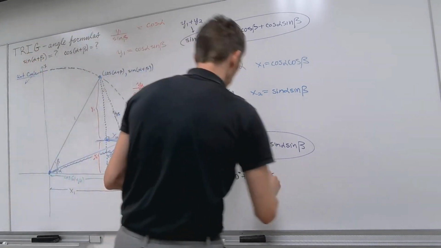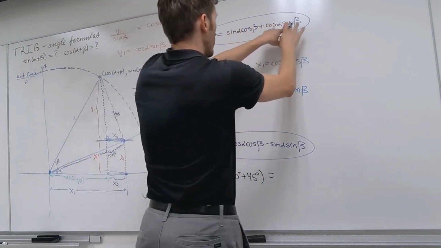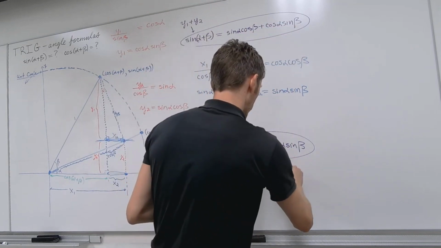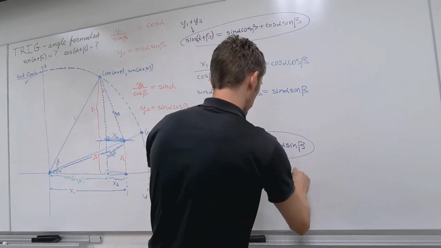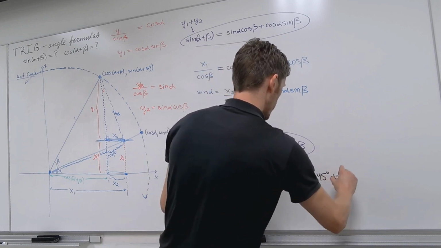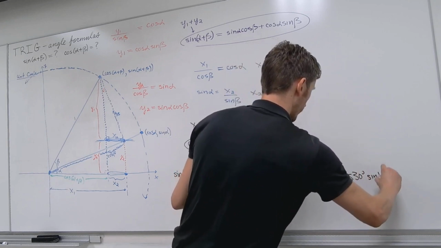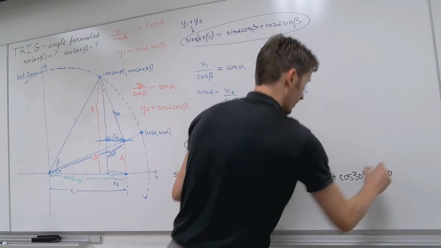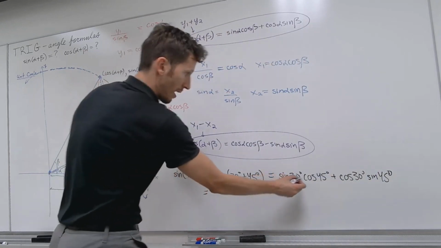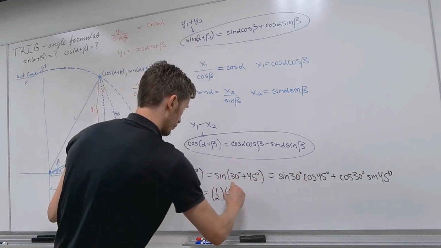We apply the formula. Sine alpha plus beta is sine alpha cosine beta plus cosine alpha sine beta. So sine of the first angle, 30 degrees, we know what that is, 1/2, times cosine of the second angle, 45 degrees, which is root 2 over 2.